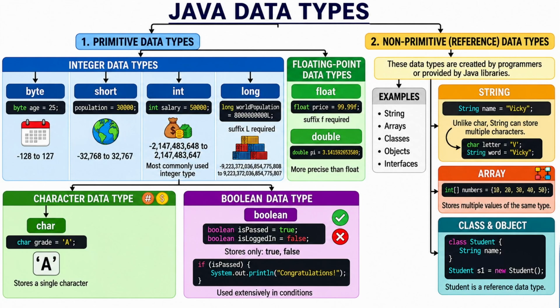The Boolean data type stores logical values. It can contain only true or false. Boolean variables are commonly used in conditions, loops, and decision-making statements.